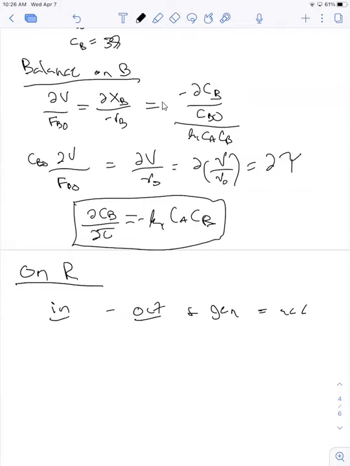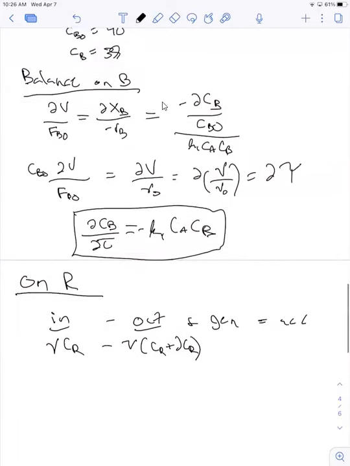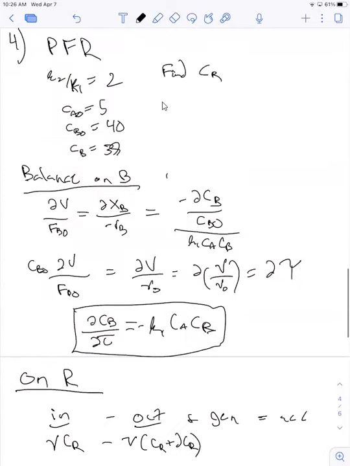Our in is just volumetric flow rate times CR. Our out is volumetric flow rate times CR plus the derivative of CR, so it's delta CR. Why for B did you start with the design equation, but for R you start with in minus out? You can start from in minus out for this too. It's the same thing.